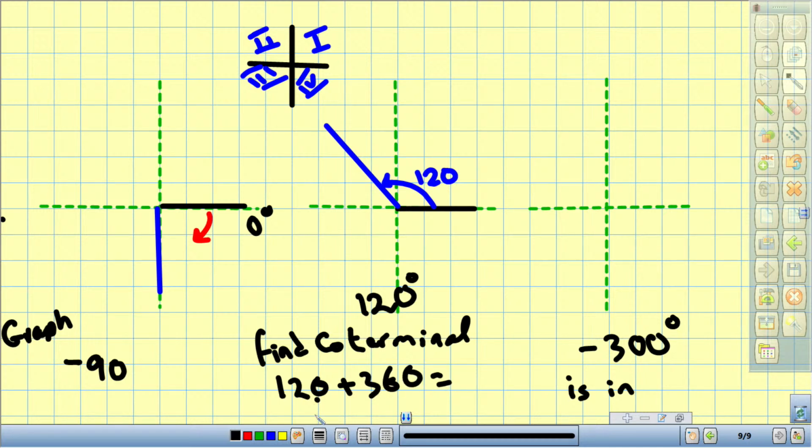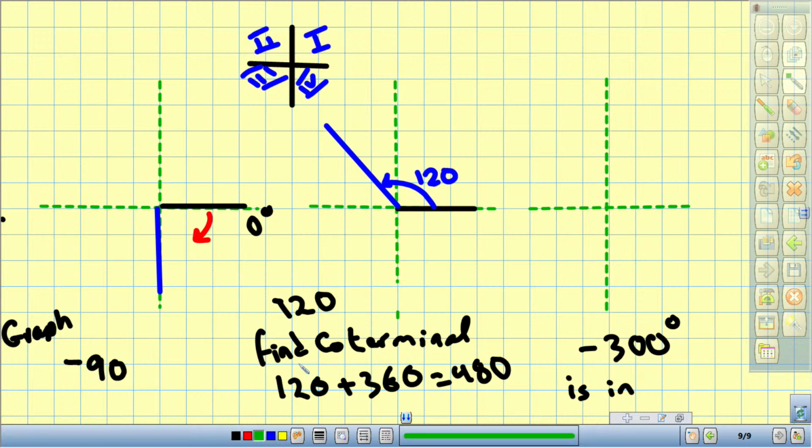And how much is that number? 120 plus 360 is 480.